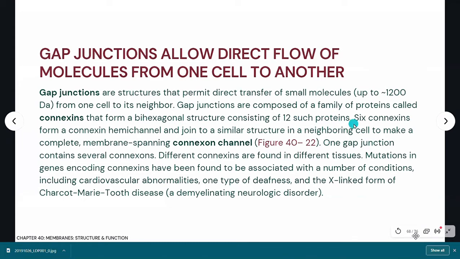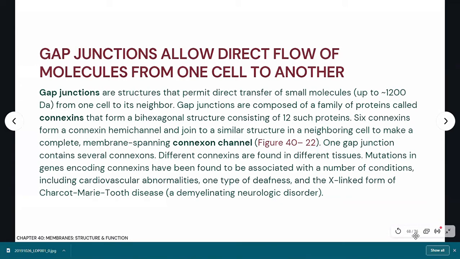So 6 connexins from one cell, and another 6 connexins from the other cell. Okay, and then they form a gap junction. The pipe that I was telling you, so it could be a pipe.